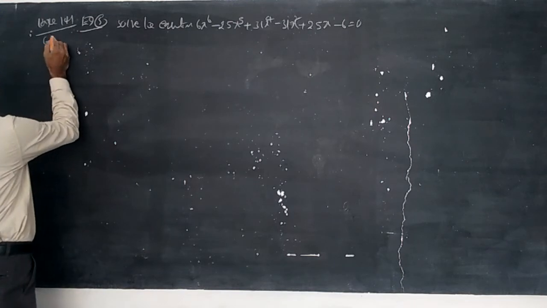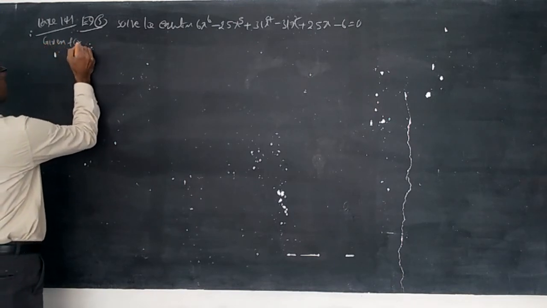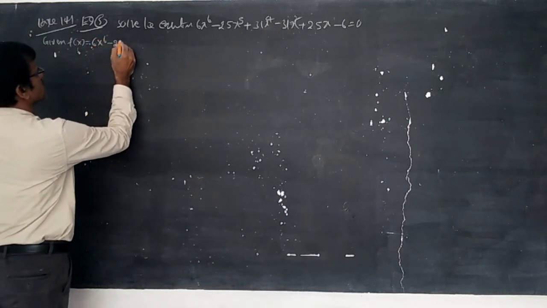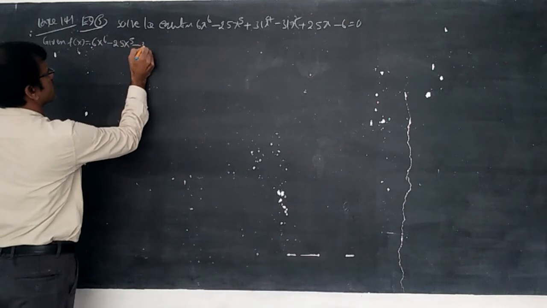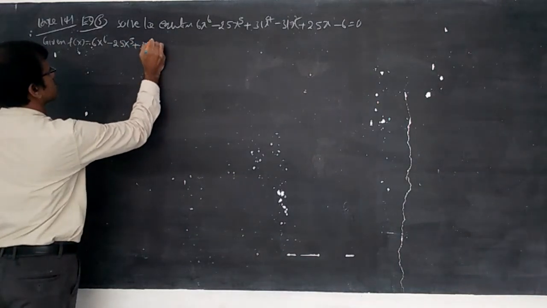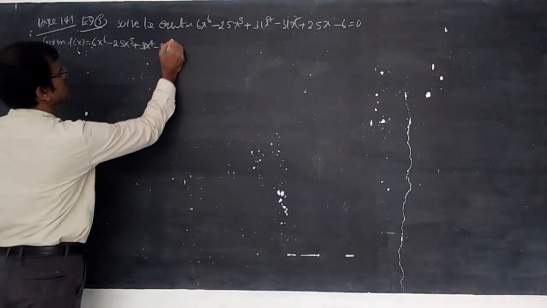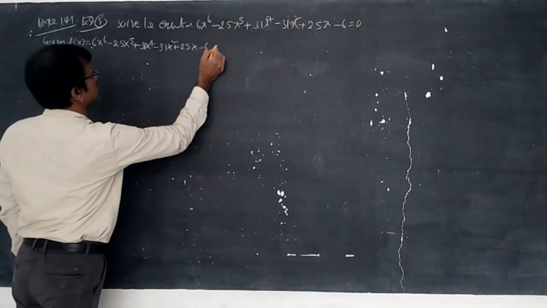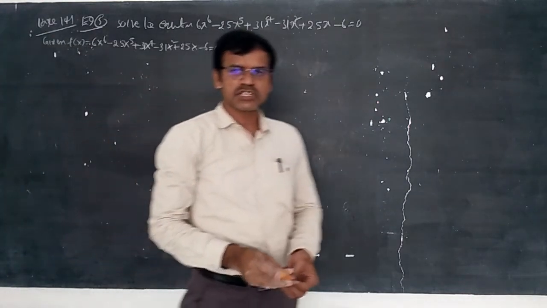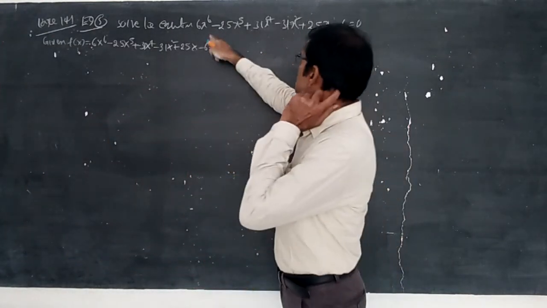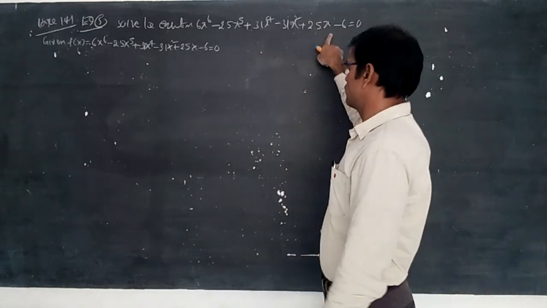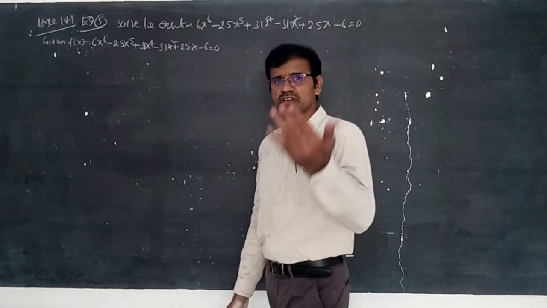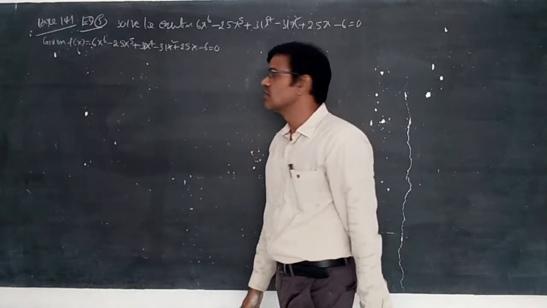Given f of x is equal to 6x power 6 minus 25x power 5 plus 31x power 4 minus 31x square plus 25x minus 6 equal to 0. You can understand the coefficients 6, 25, 31, then only you can say that easily it is a reciprocal equation. If you take f of 1 by x also you will get the same.